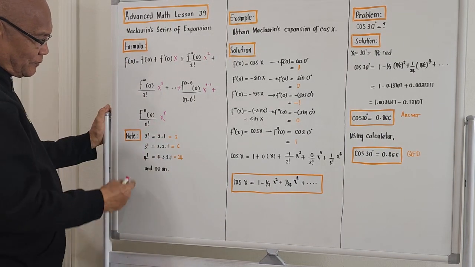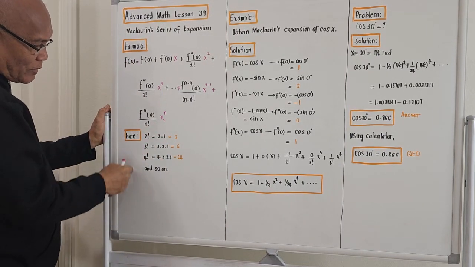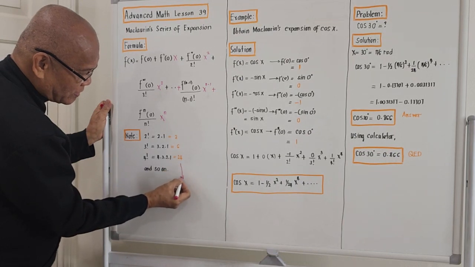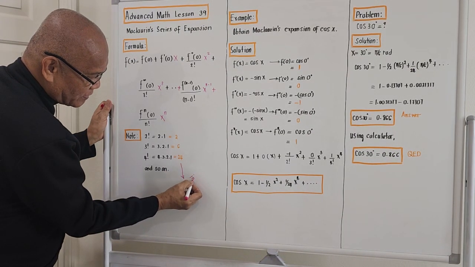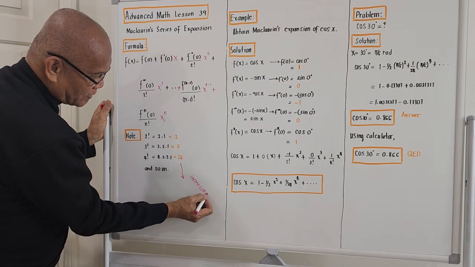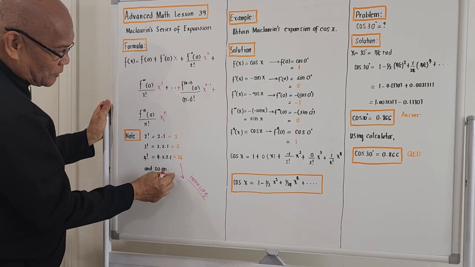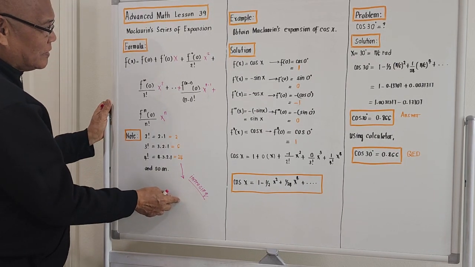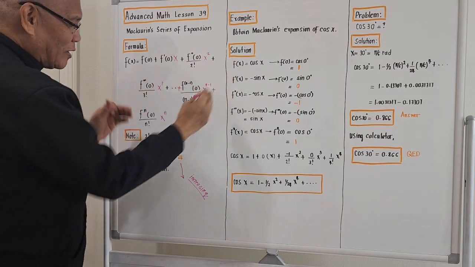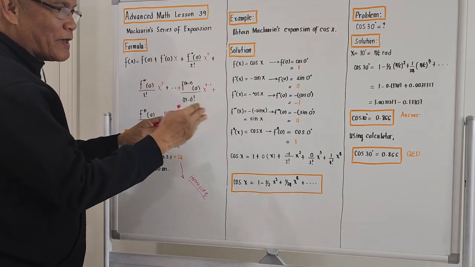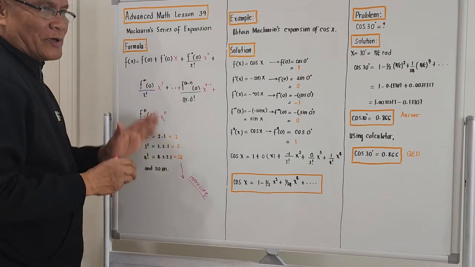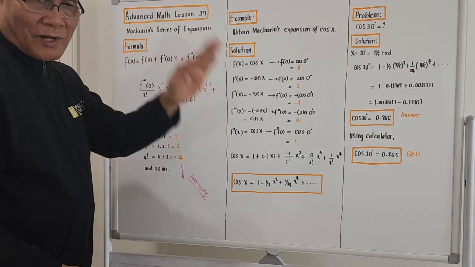As you notice, as the number increases, the factorial is increasing. So the last remaining terms will have a very minimal effect on the final solution. As I said a while ago, up to the fourth or fifth derivative will be fine already.